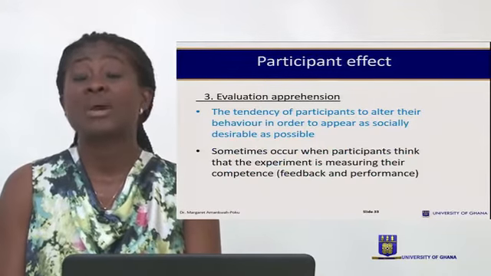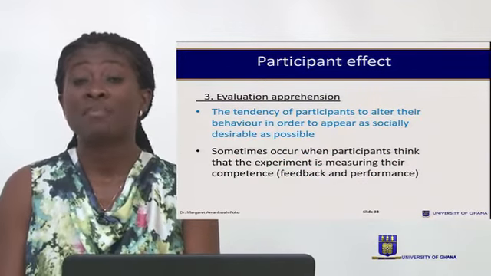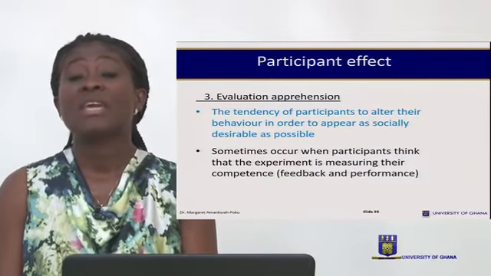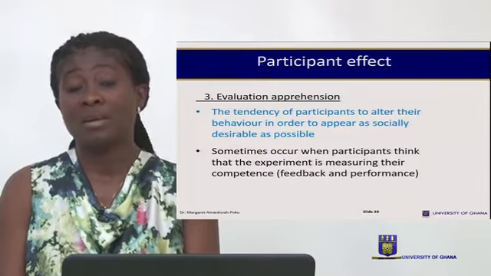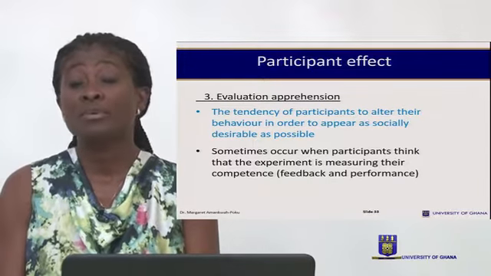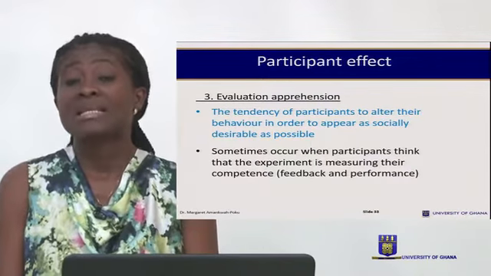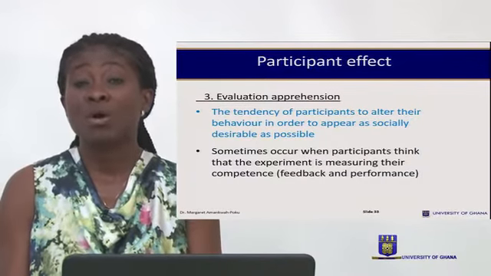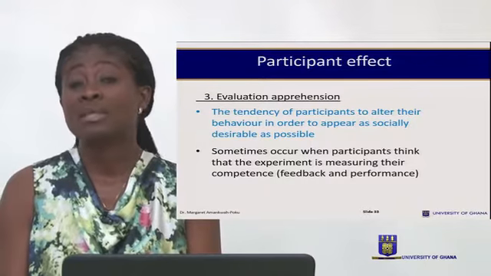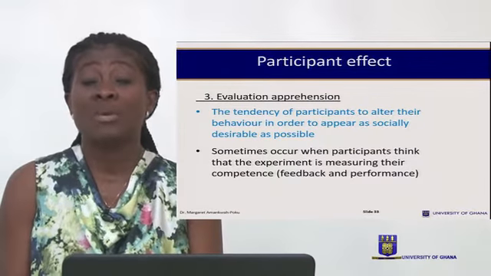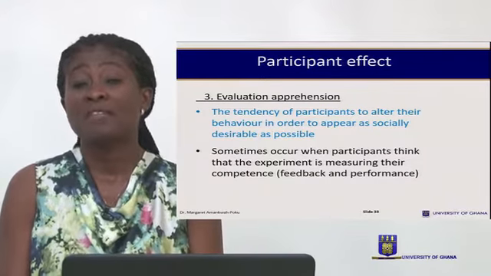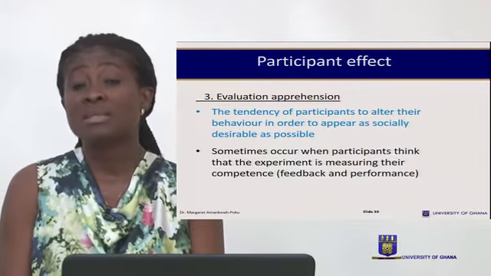So for instance, if we're doing an experiment on the effect of feedback on performance, we want to find out that if we give participants feedback on a task they have performed, will it improve their performance? In such an instance, the participants may think that we are measuring their competence, we are measuring how good they are. They may not know that we are assessing feedback, and so they would change their behavior, or they would change the responses that they give.